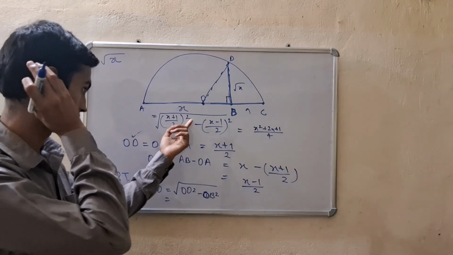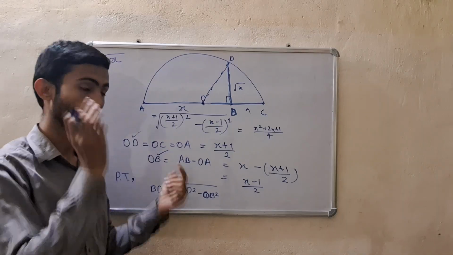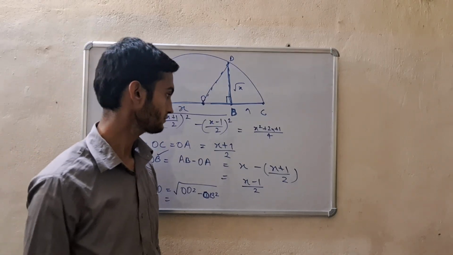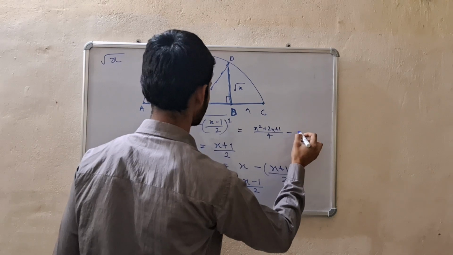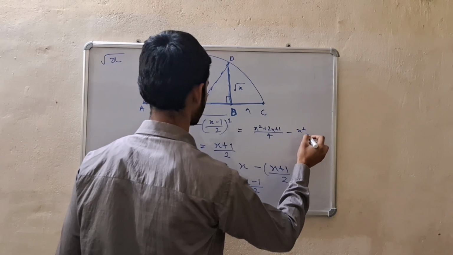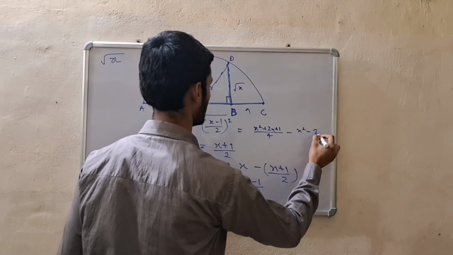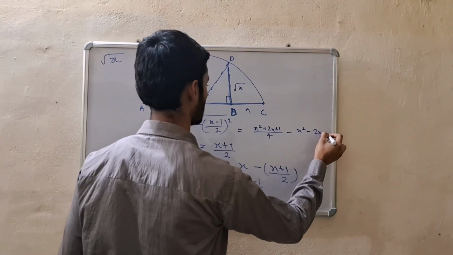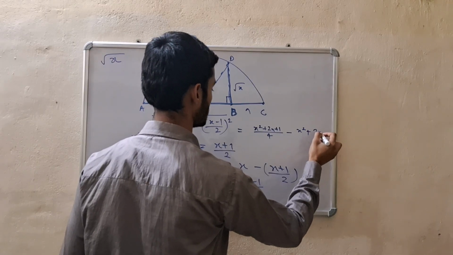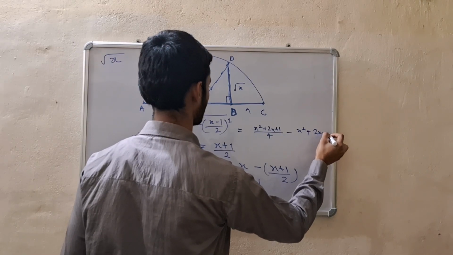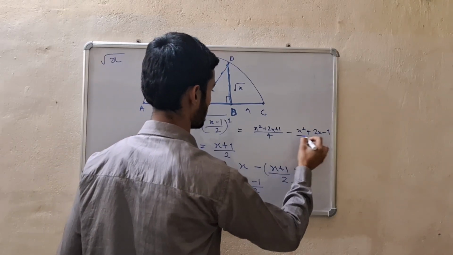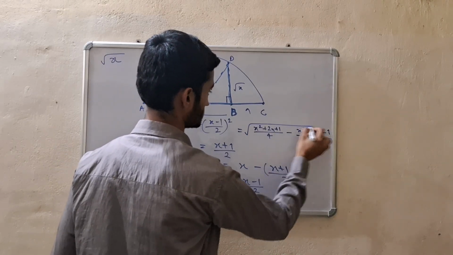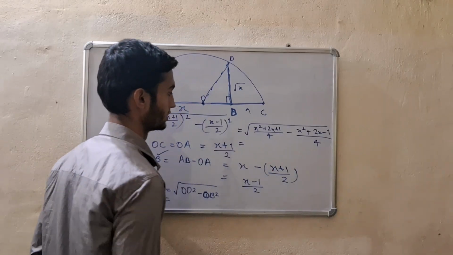And then this square distributes to the denominator as well. So this becomes 4, and then minus (x squared minus 2x plus 1) upon 4. This will become plus, and this will become minus. And take the square root of this whole expression.